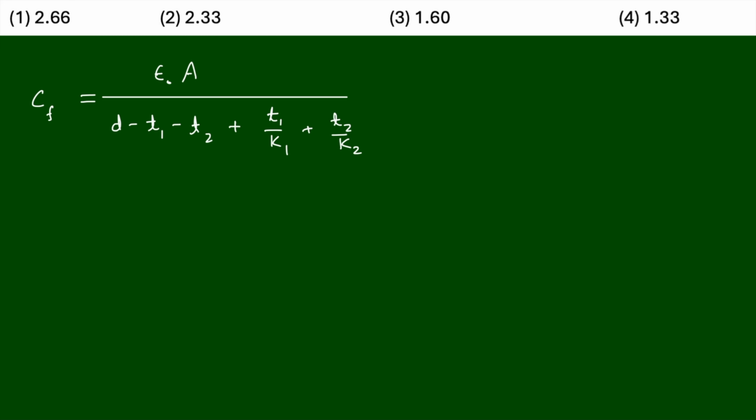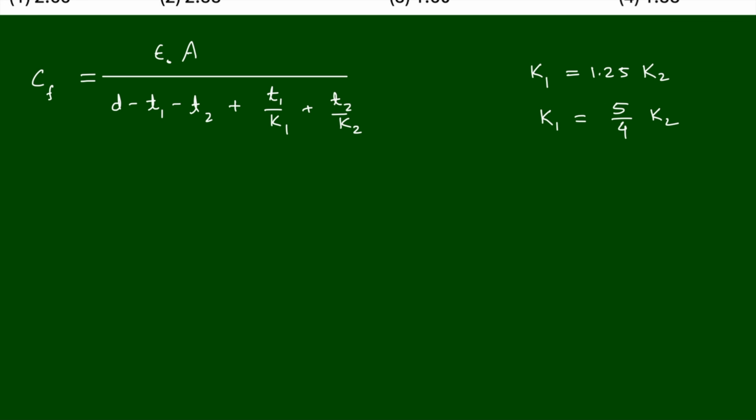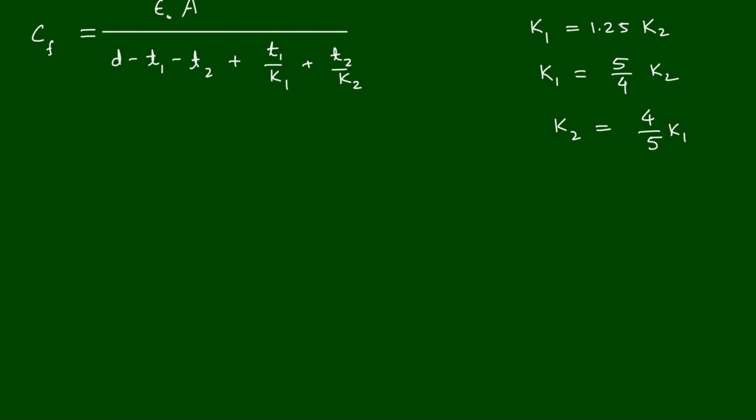Again the relation is given, K1 is equal to 1.25 K2, and we can say K1 is equal to 5 by 4 K2. But we want to calculate K1, so we will write K2 in terms of K1. So K2 is equal to 4 by 5 K1. Now just put the values.